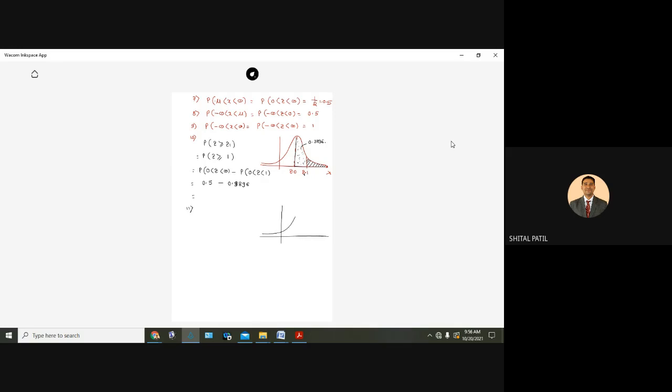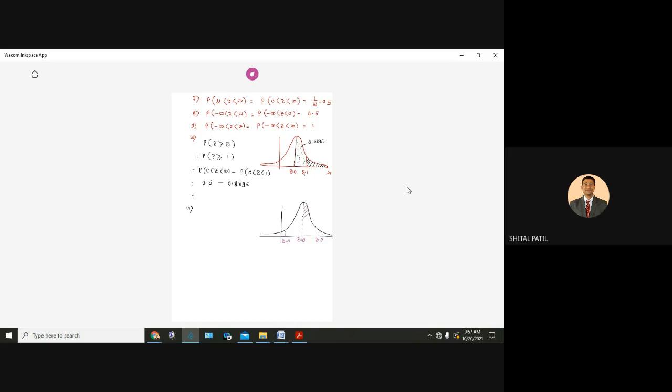Then 11. Suppose again this is a normal curve. Say this is z equal to 0, and say this is z equal to 3, and here we have z equal to -3.